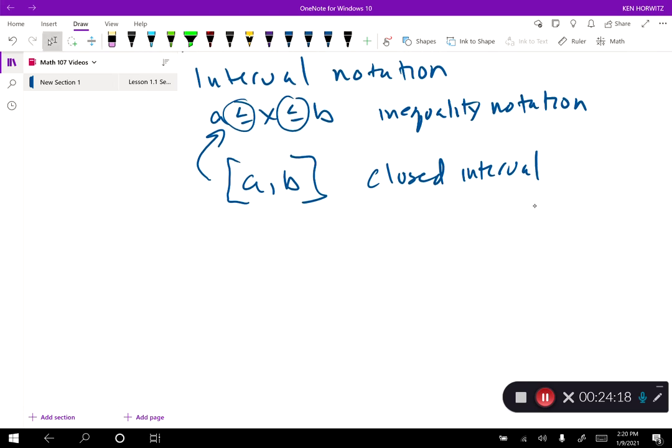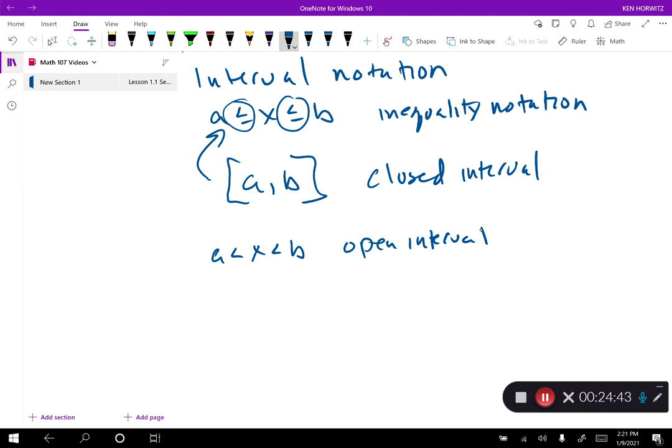The next option we have is a less than x less than b. This is called an open interval. The reason this is an open interval is because in this case, x could be infinitely close to a, but it can't be a. So we don't necessarily have a definite stopping point, because you can get infinitely close.